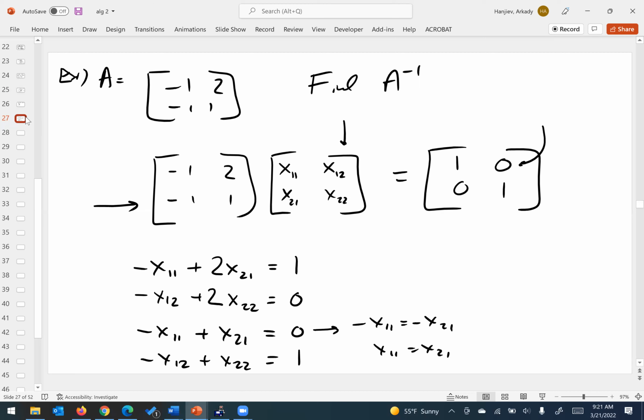I know that x11 and x21 are the same. And then also, what else do we know? We also know that X12 is equal to 2X22.